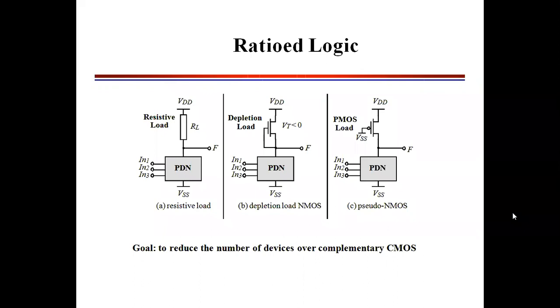So by using the resistive load technique, the depletion load of NMOS, or pseudo NMOS, you can choose any one technique to replace the PMOS, so that the overall number of devices gets reduced over complementary CMOS. And that reduction is known as ratioed logic.